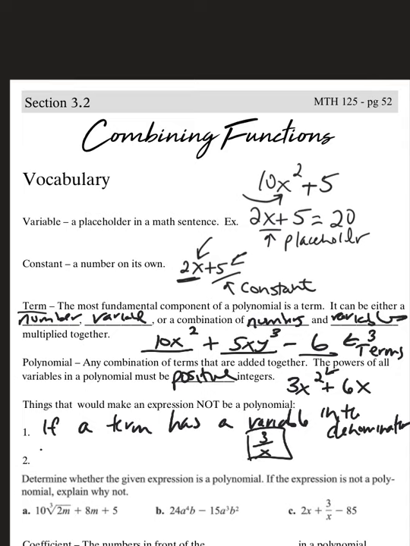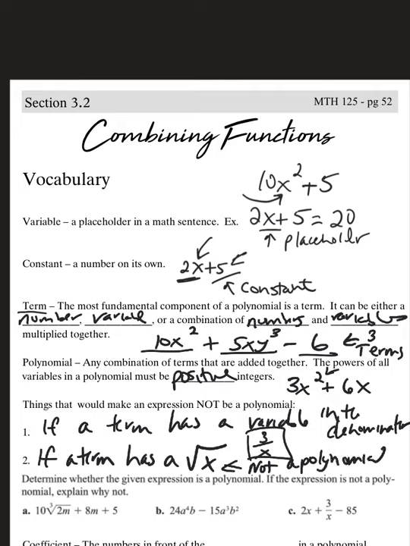And then another one is if a term has a square root symbol with a variable underneath, then it is not a polynomial. So there's lots of things that can be polynomials, but if you see a term that has a fraction and there's a variable on the bottom, or it has some kind of rooted part of it that has a variable under the radical symbol, then it's something, but it's not what we would consider a polynomial.